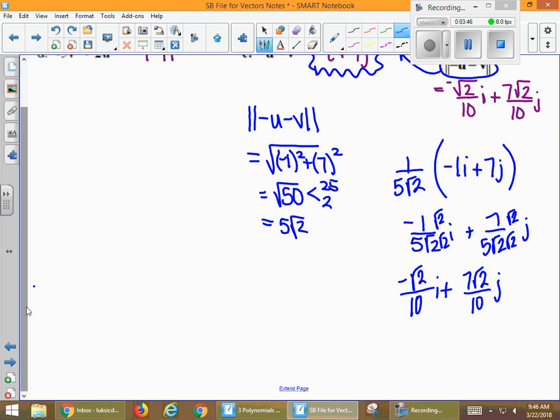The thing I really like about vectors is the math that we do with them is addition, subtraction, multiplying by a scalar. All of it works pretty intuitively. Combine your like terms, distribute, works really easy.